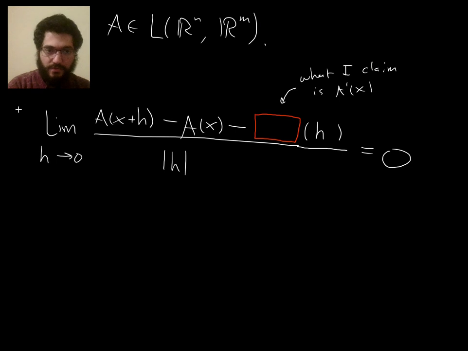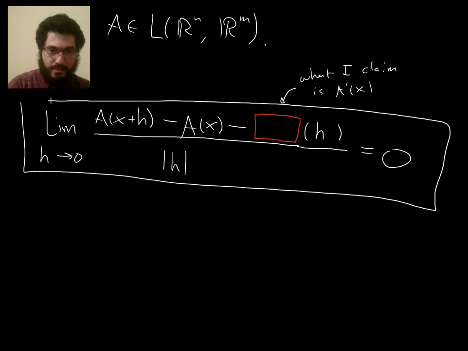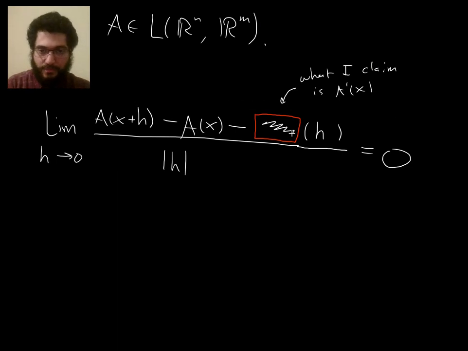So if I can prove this about a particular thing filled in to the red box, then that thing in the red box will deserve the name A prime of x. And what I claim is that it is A itself. That's what I claim is A prime x.